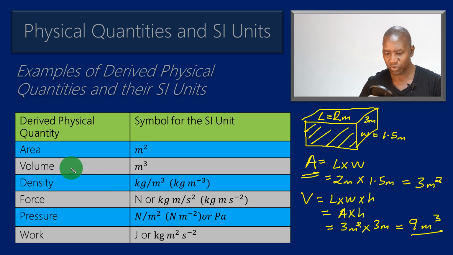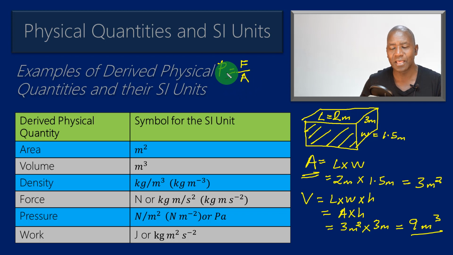How about a physical quantity such as, let's look at force, for example. No, I think pressure is the best example. Pressure is defined by this equation, force divided by area. We shall look at that definition in our next topic, so don't worry about it right now.